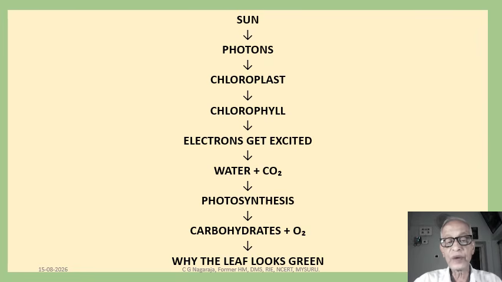They keep moving away, and then water molecules and carbon dioxide enter. Water molecules are broken down into hydrogen and oxygen. Hydrogen combines with carbon dioxide, and that is called photosynthesis. In this process, carbohydrates are prepared, and also oxygen is released to the atmosphere. Then why the leaf looks green is another question.